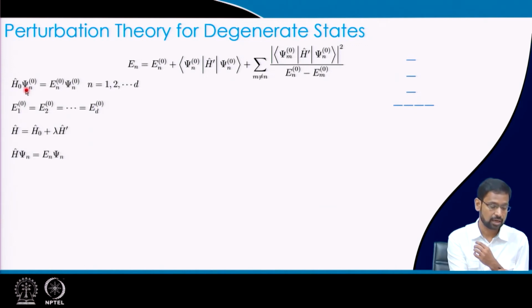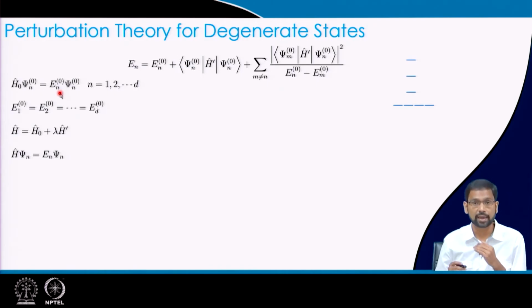In that case, in the unperturbed Hamiltonian H0, I have d number of psi n0, the unperturbed eigenfunctions, for which the energy En is just equal. So E10 is equal to E20 is equal to E30 up to ED0. So the unperturbed energies of these d states are equal, that is d-fold degeneracy.